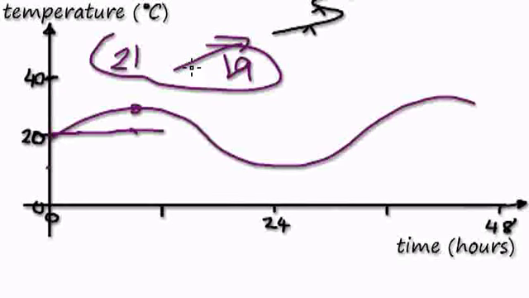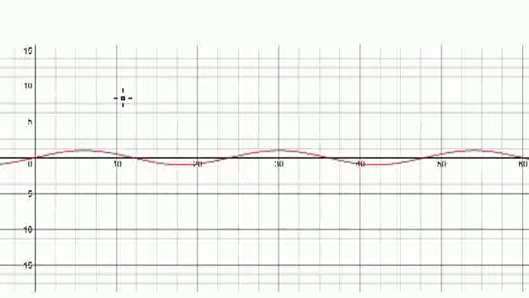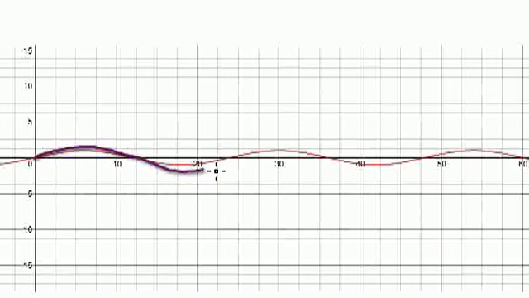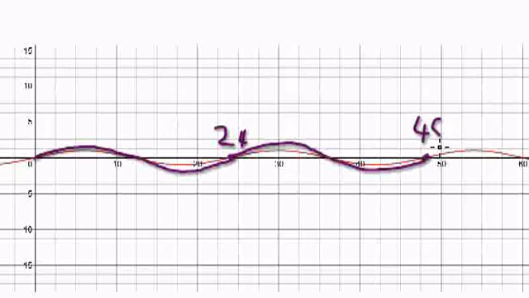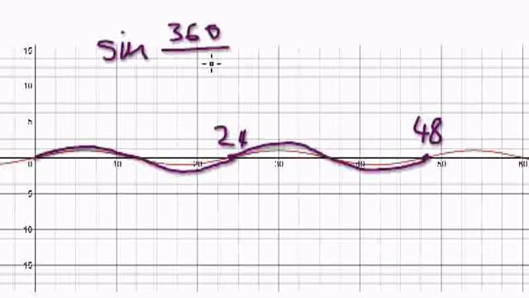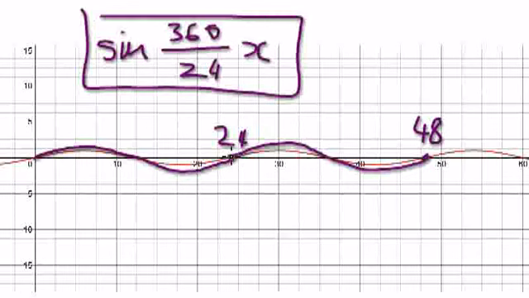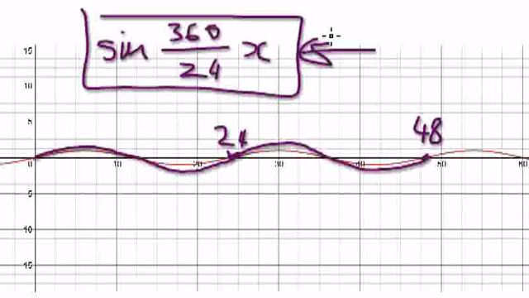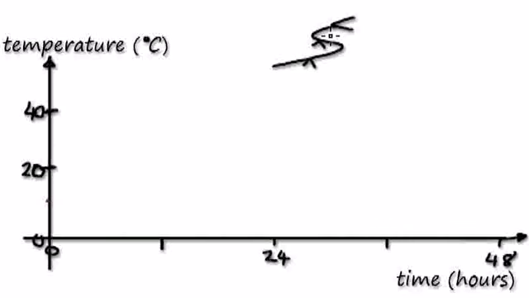But the good thing is that we got our period to be correct, because if you look at this here, this is 24 hours here, and then another period here. This is 48. So by us doing 360 over 24x, the period is good, but the magnitude is wrong, because we want to set up so that the body temperature of the lizard fluctuates by 5.